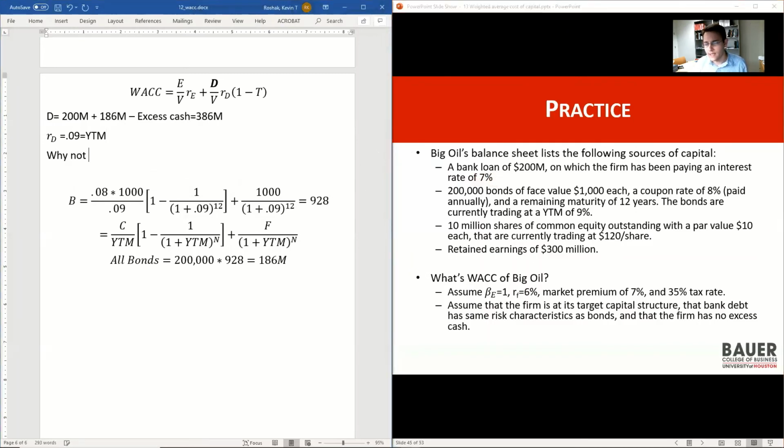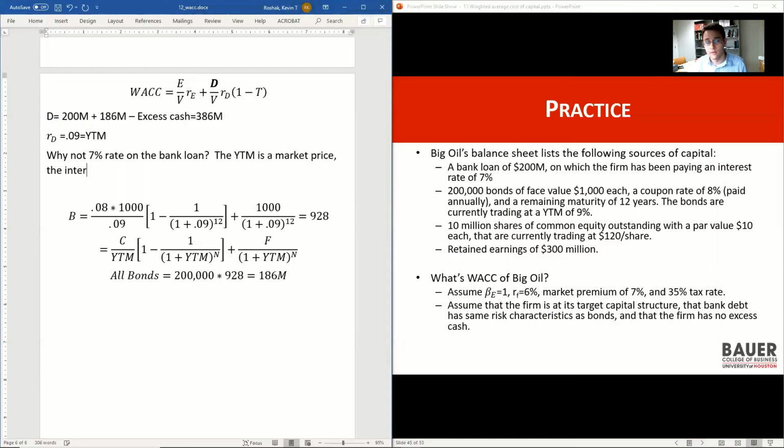Why not the 7% rate on the bank loan? We always want to use market prices when we can. The yield to maturity is a market price. The interest rate on the bank loan, maybe it was a market price when the loan was originated.